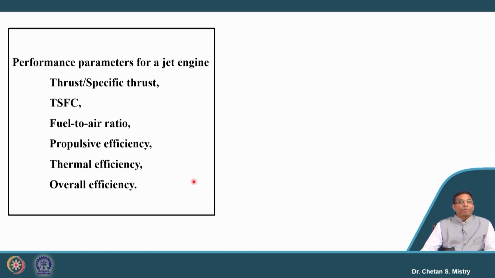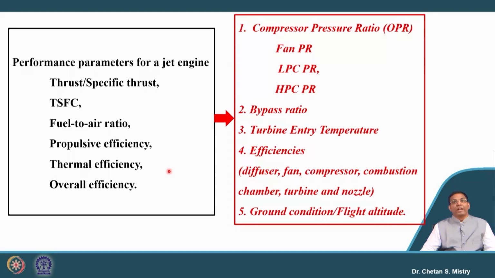We say our performance parameters are thrust or specific thrust, thrust specific fuel consumption, air fuel ratio, propulsive efficiency, thermal efficiency, overall efficiency. Now, when we are talking about this turbofan engine, it depends on different parameters. Very first is the overall pressure ratio. We have a compressing component, the fan, and the fan has its own pressure ratio.